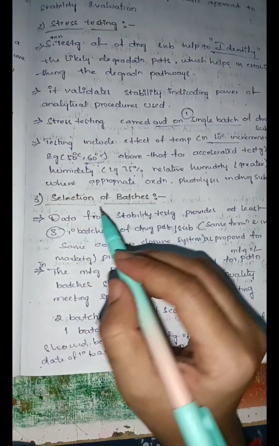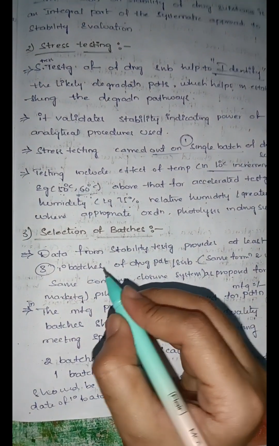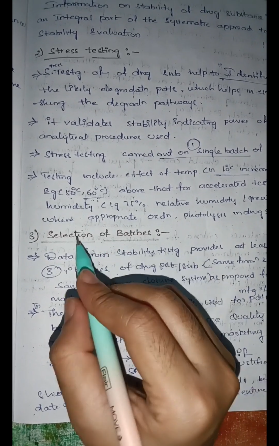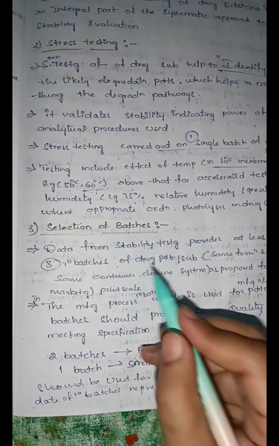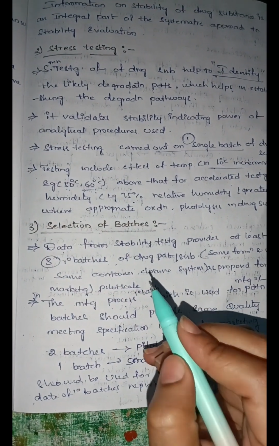And the next one is the selection of batches. Here in selection of batches for stability testing, first we have to take at least 3 primary batches of the drug product or drug substance. From these 3 primary batches, we select one batch for marketing, that is, for large scale production.